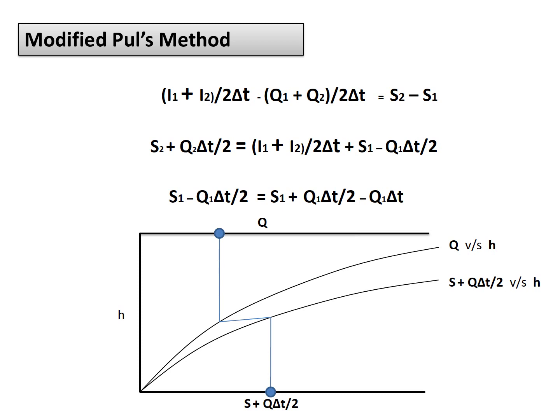The first one is S plus Q del T by 2 versus H, and the second one is Q versus H. For any known quantity S plus Q del T by 2, we have the storage value, that is the S1 value, we have the Q1 value, and we have the del T value. For any value of the upstream side S plus Q del T by 2, we can calculate the corresponding height H1.